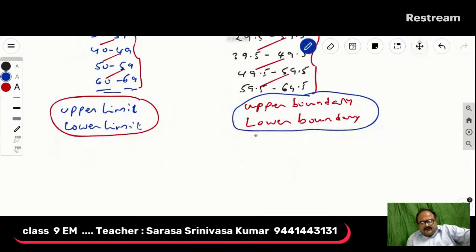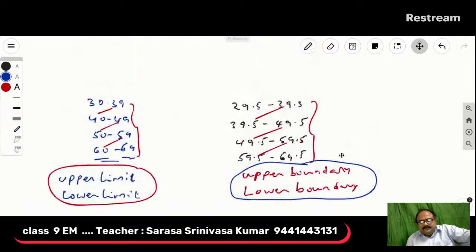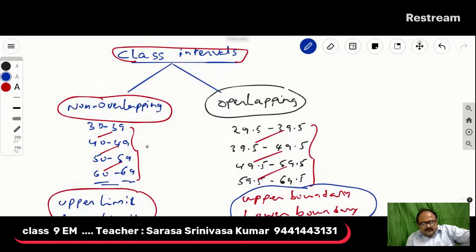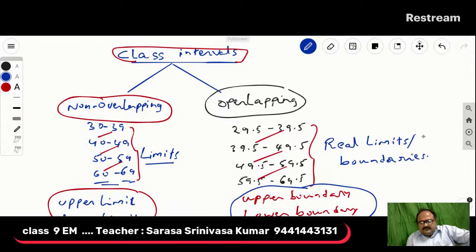And these are also called real boundaries. These are also called real limits. Here these are called limits. We get the concept of limits. Here real limits, we say real limits or boundaries. So this is the basic concept that all students must understand.